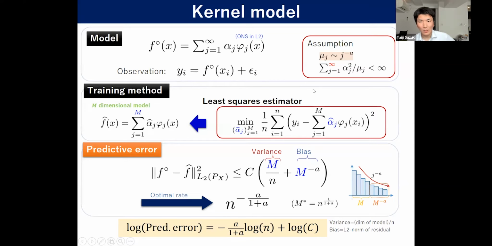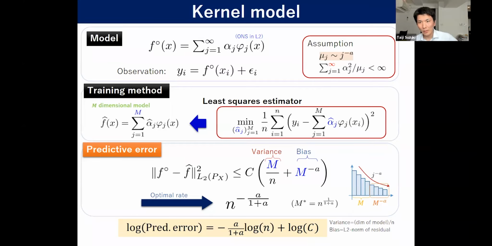And here we assume that alpha j, the coefficient of the true model, satisfies these conditions. Here mu j is some value like j to the minus a, and we assume that the summation of alpha j squared divided by mu j is finite. This means that alpha j squared should decrease faster than j to the minus a minus 1.